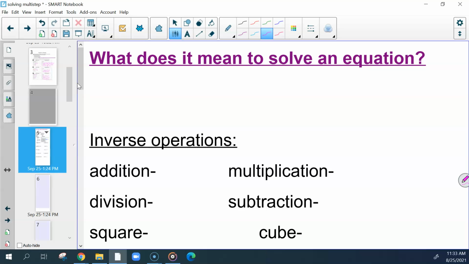So I'm sure I had an answer for this top one. I don't remember what it was. So this answer is basically the same thing as what we put for solution: to find something that makes the equation true.